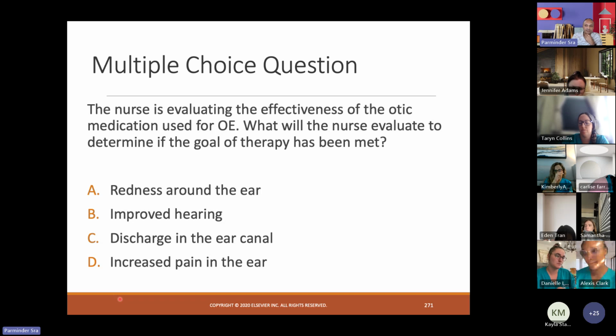Right, great. Yes, B is the correct one. Improved hearing.